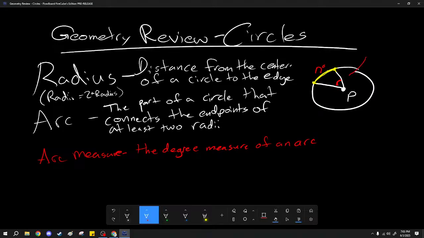That is called, I'll put a little arrow going towards it, that is called the central angle. And what's nice about the arc measure and the central angle is that these will always equal each other. The central angle is the same measurement as the arc.